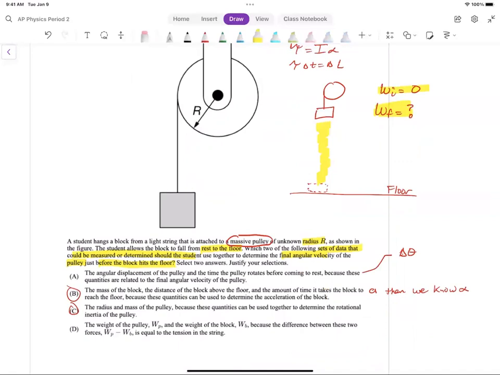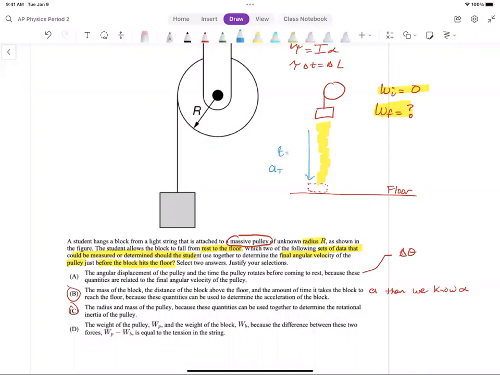But B and C, if I have the mass of the block, the distance it falls, and the amount of time the block takes to hit the floor. So if I know how far the block goes, the time it goes, and it started at rest, I know the acceleration of the block, and that's a linear acceleration.